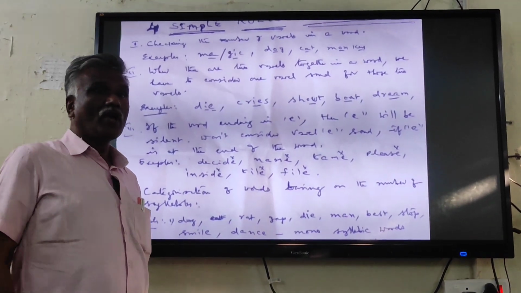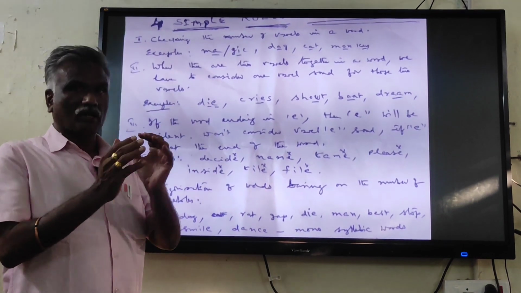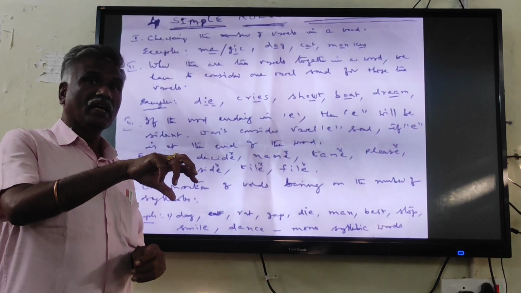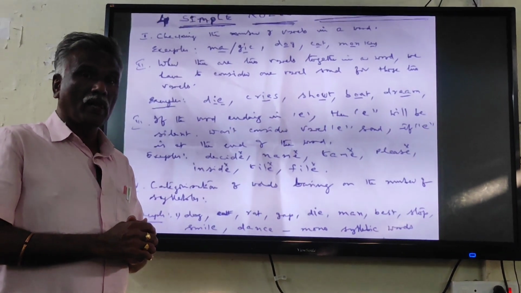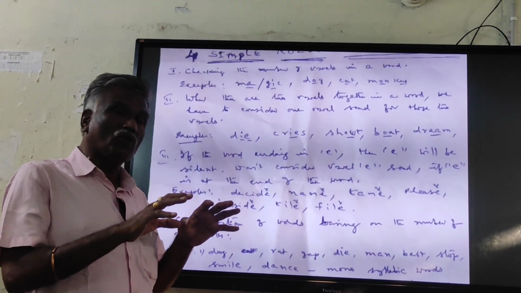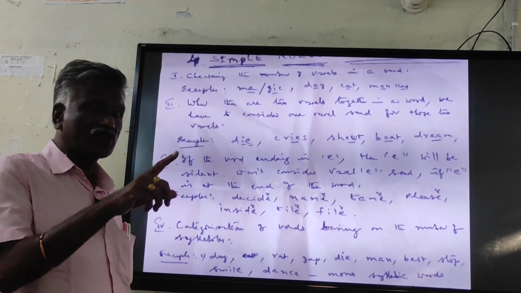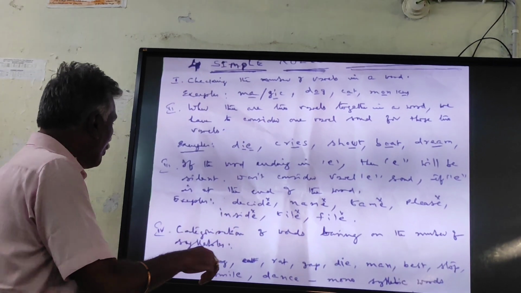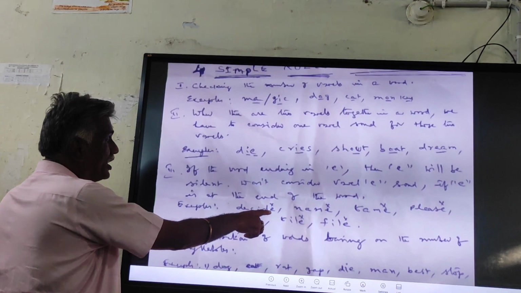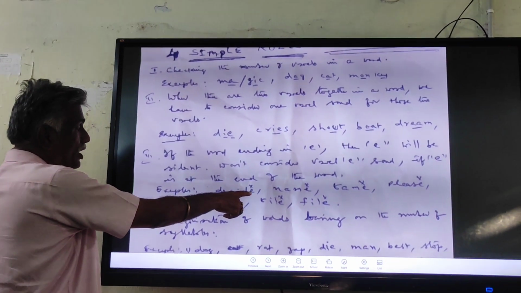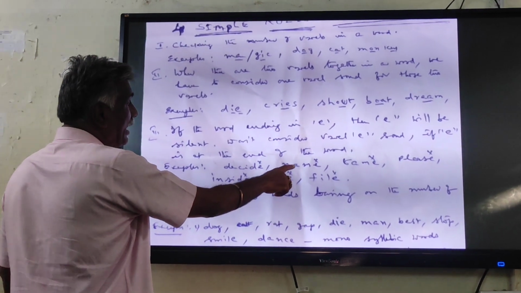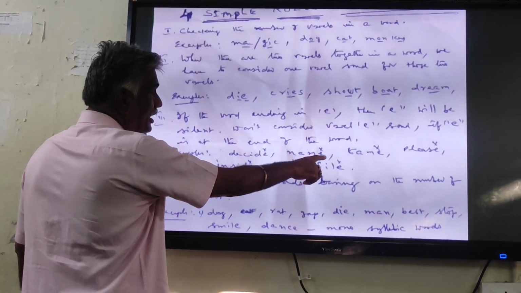For example, when we observe some words which end with E, we should not pronounce the E. Actually, the E is silent. For example, you see decide. This vowel is silent because it is at the end of the word. Name, E is silent.